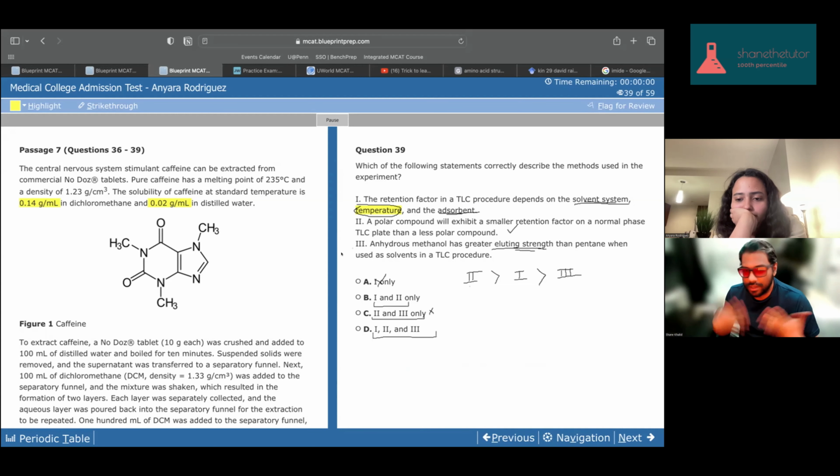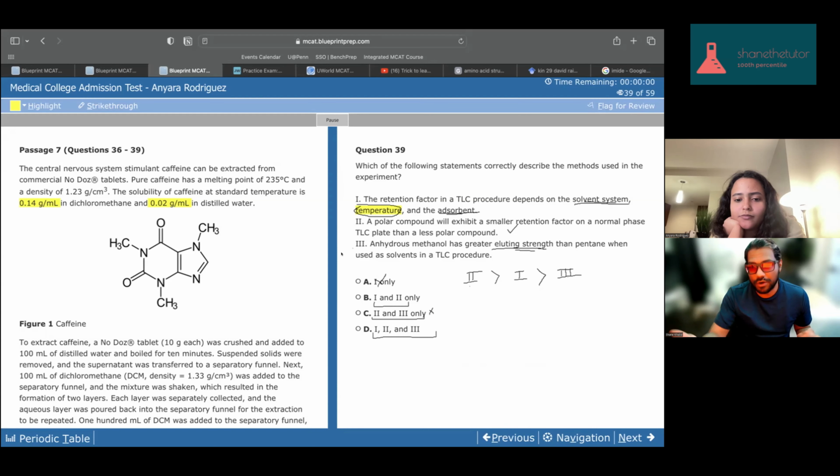So always try to do that because there will be a lot of times where you're not going to be completely certain of the answer. So you just want to do the best that you can. But this actually shows you that Roman numeral 1 must be correct, right? So you could even use this to learn.